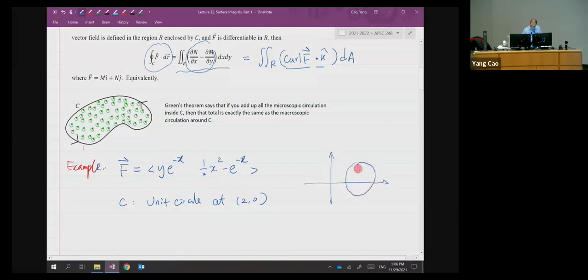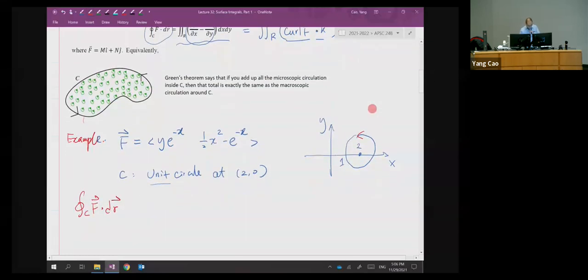So it's a circle centered around (2, 0). It's a unit circle, so the radius of the circle is 1. Now the question is, can you calculate the vector line integral over the curve C?